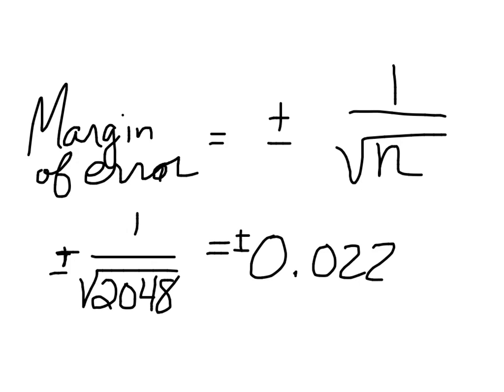That's 0.022, or plus or minus 2.2%, because I just moved it 2 places over. That's all I did. Yes, because you could be above it or you could be below it.